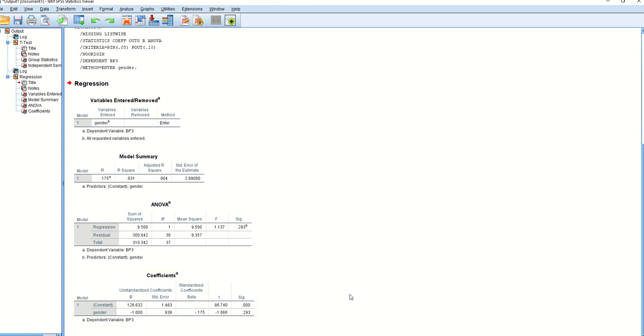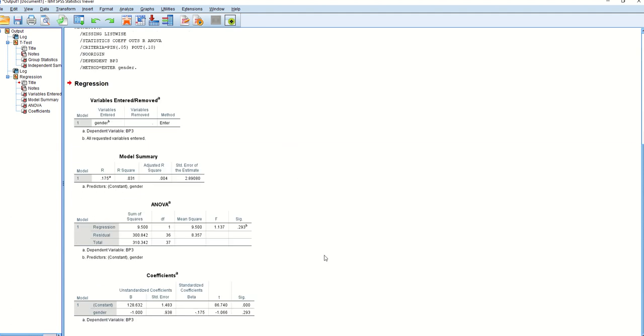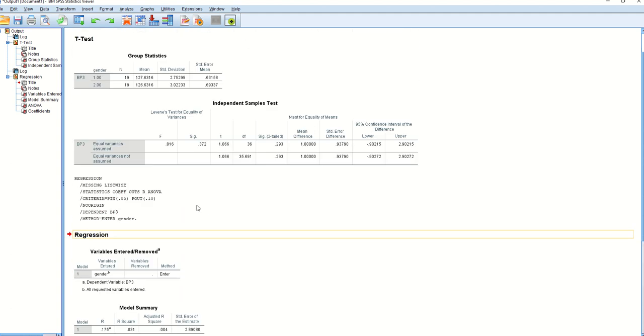Let's compare these results to what we got when we did an independent t-test. When we did the independent t-test, we found a difference of 1 and a p-value of 0.293. These are exactly the same results. Here it's a -1 because it's comparing the 2 to the 1. Let's see if we go up here.